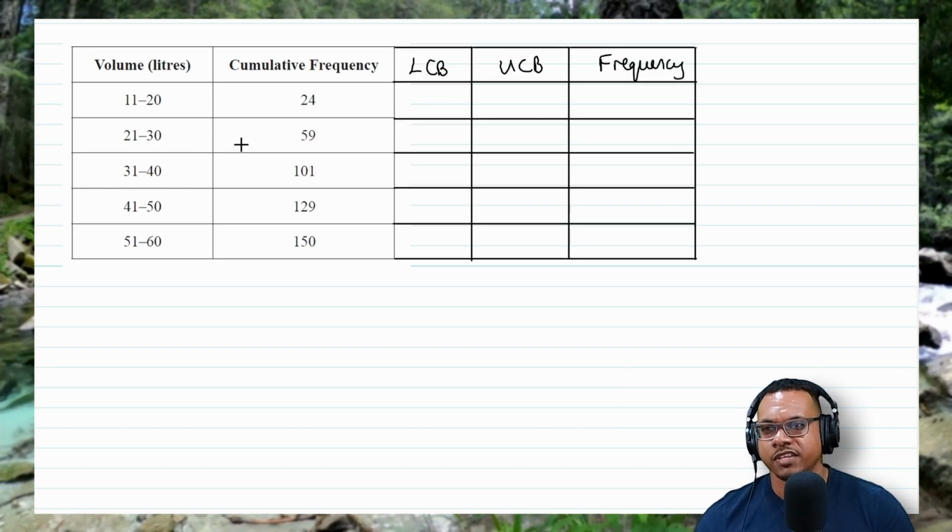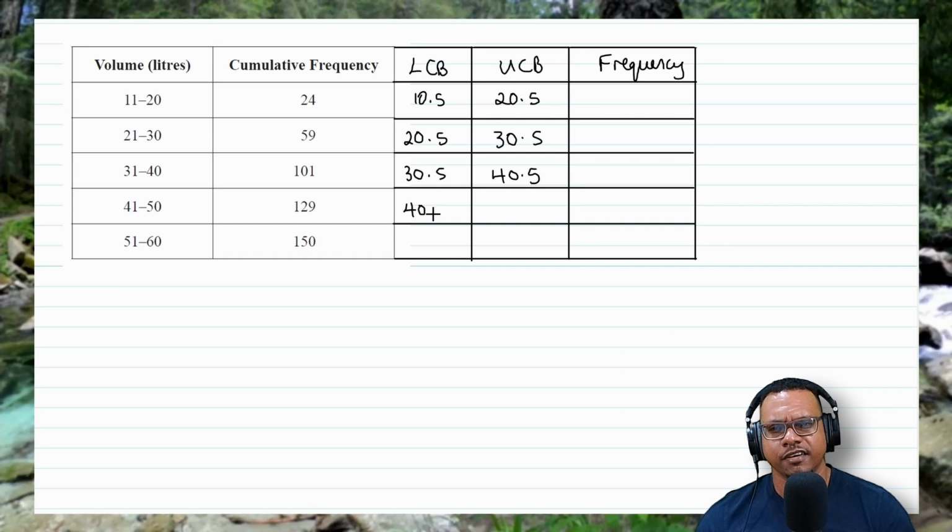So my lower class boundary here will be 0.5 less than 11, which is 10.5. And my upper class boundary will be 0.5 more than 20, which is 20.5. All right, same thing here. So here will be 20.5, and here will be 30.5. Then I'll have 30.5, and this will be 40.5.